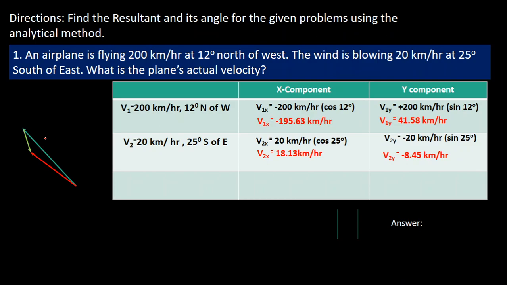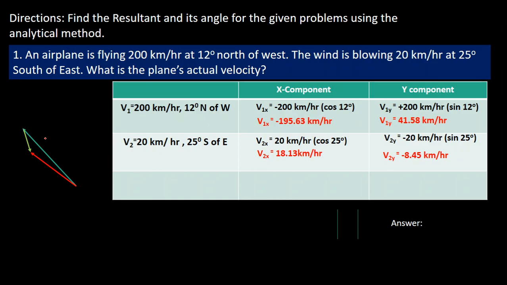Now, what would be the resultant? To get the resultant, you just simply add these numbers for the x component. You get first the summation. So you add this, and then you add this, and you get this number.